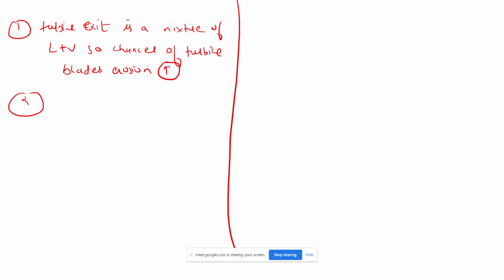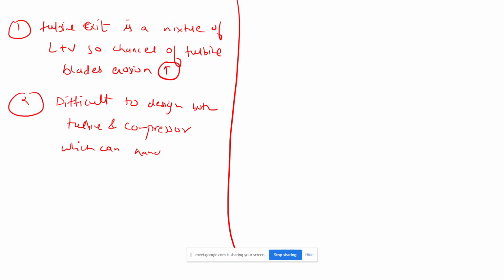Second point is that it is difficult to design both turbine and compressor which can handle a mixture of liquid plus vapor.